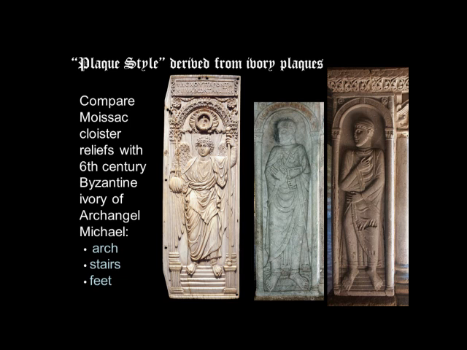Now, I'm not going to tell you, because I don't think it's probably true, that Gildwin actually saw this particular ivory. I've been trying to find out if they know where it was in earlier times, but I have not found that. But certainly we said that the plaque style was probably derived from things like ivory or metal plaques that might have been used as book covers or diptychs or something.